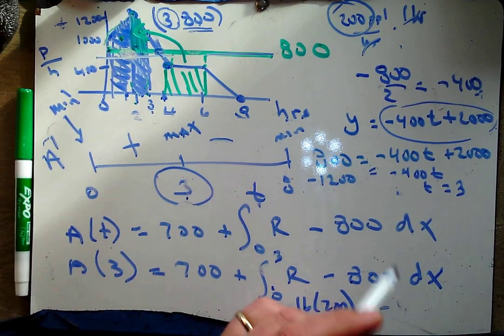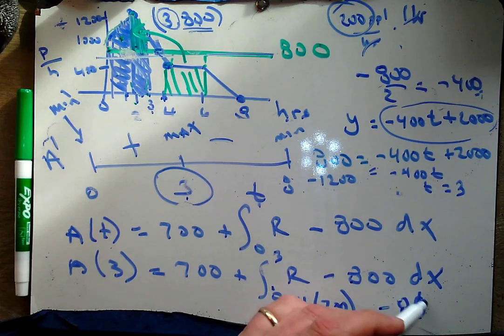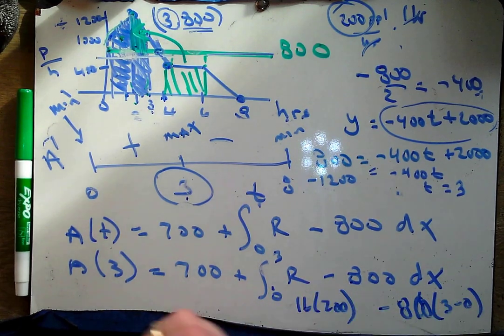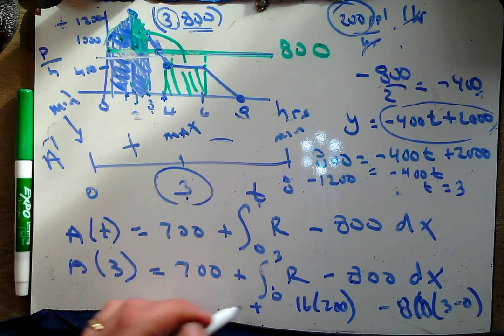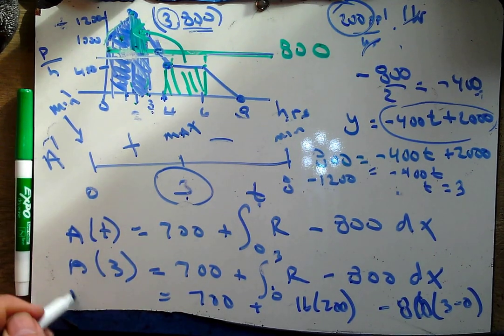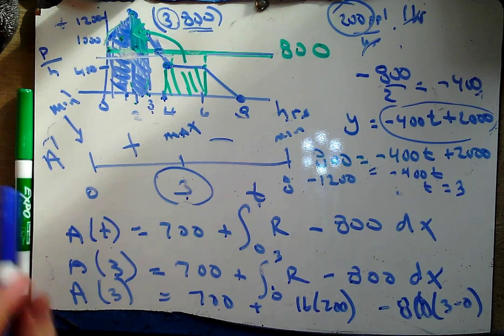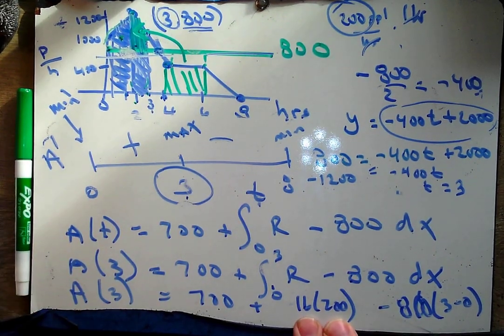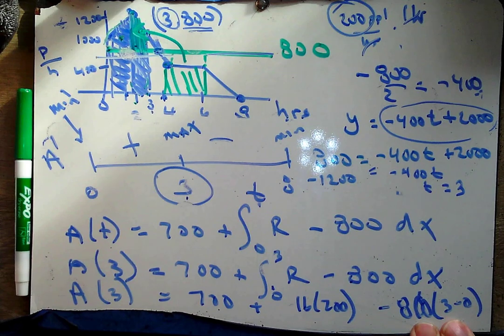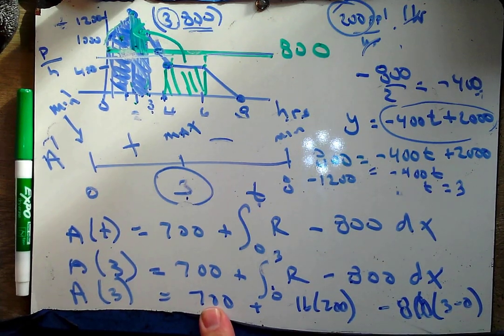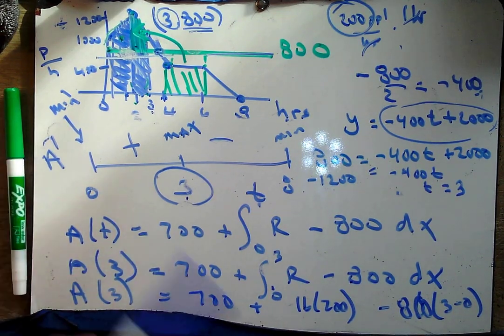So that's constant 800 times 3 minus 0. Don't forget to add the 700 people who were already in line to your A of 3 computation. So what do we have? I think this is 3200 minus 2400, that's 800, plus 700 is 1500.